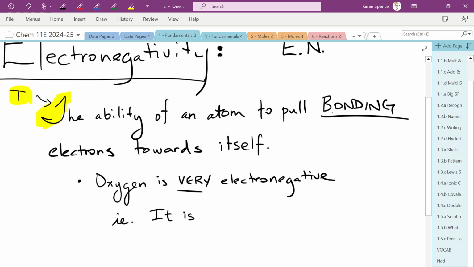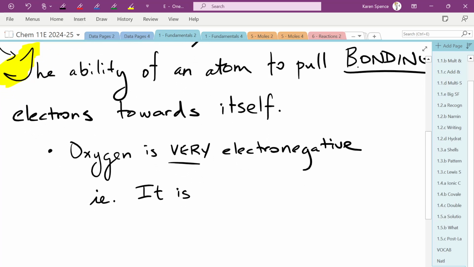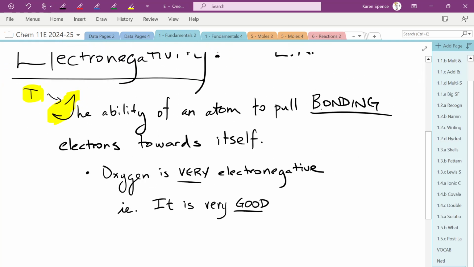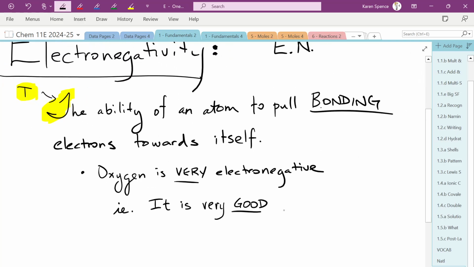So oxygen is very electronegative. In other words, it is very good at pulling bonding electrons towards itself. I have to make this smaller, otherwise I can't write properly.